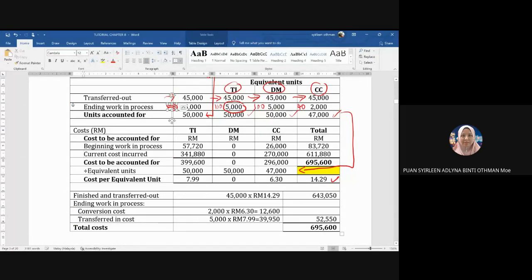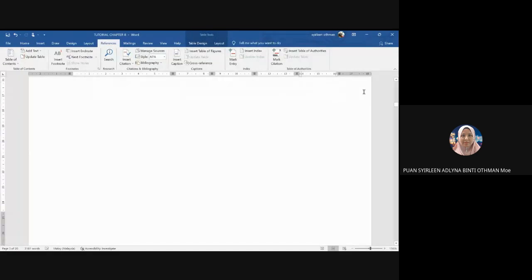Bila kita letak dash, connotation dia, seolah-olah you tak masukkan apa-apa. Ini bukan saya tak masukkan apa-apa. Ini memang dalam department tu tidak ada. So nilai dia kosong. Okay, madam. Thank you. You just betulkan saja letak kosong.